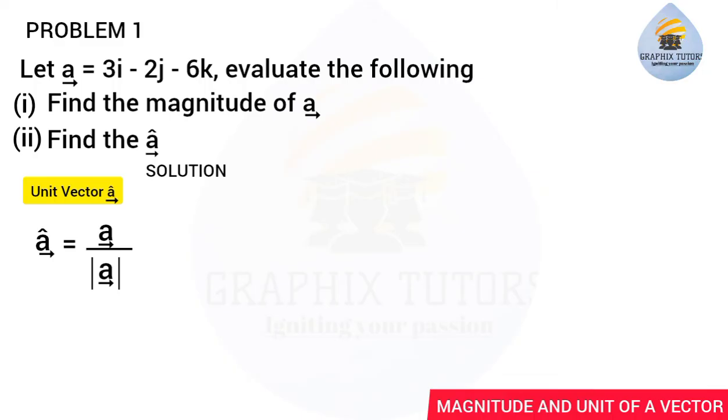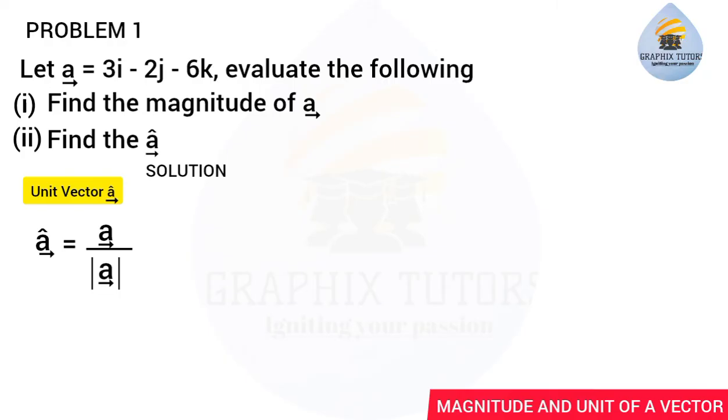And it gives you the vector of that variable all over the magnitude of the vector of that variable, just like you can see on the screen. And this will now give us, what is the vector of A?